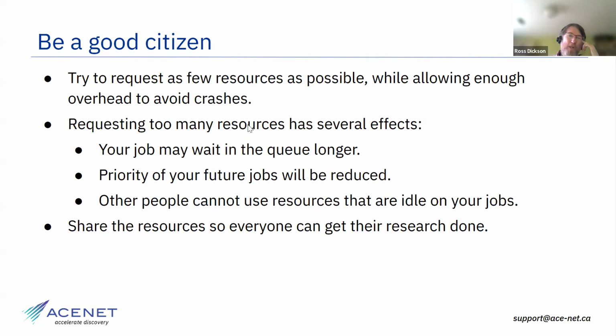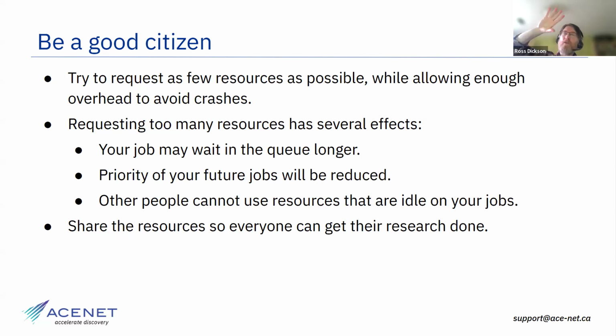If you're requesting a lot of resources, besides the consequence that other people can't use those resources at the same time, the third bullet point here, you should probably understand, as I mentioned earlier, the major factor that determines how long it's going to take for your job to get scheduled is how much resource it's asking for. How long is it going to run, multiplied by how many cores, multiplied by how much memory, with possibly an additional factor of GPUs.